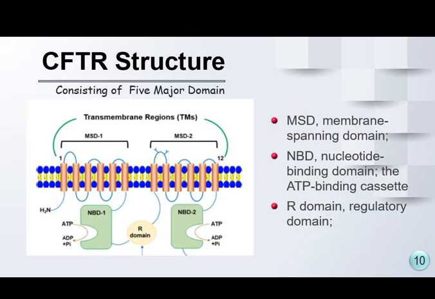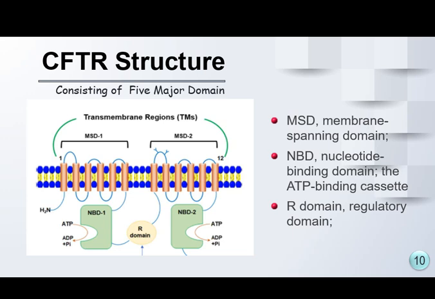And that's the structure of the protein. It has 5 main domains. There are 2 transmembrane regions called MSD1 and MSD2. Remember, it's an apical region. So this protein is sitting in the membrane, okay? And there are 2 NBD domains, nucleotide binding domains, 1 and 2.